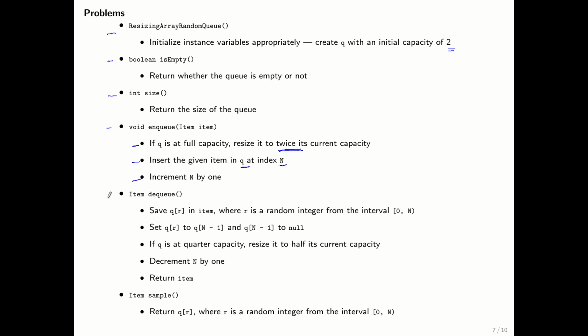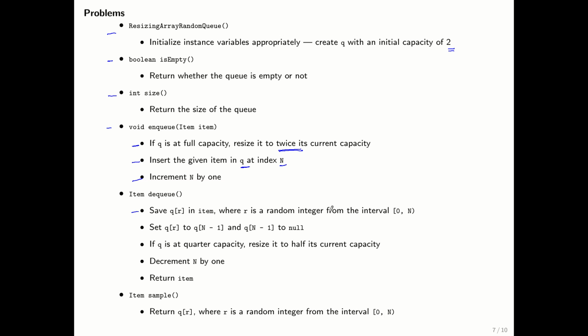What about dequeue? So remember that dequeue is supposed to remove and return a random item from the queue. So how can we do this? Here are the steps. So take the item at q[r], okay, and save it in some variable, right? Let's call the variable item. What is this r?